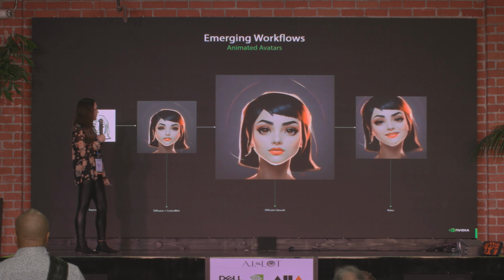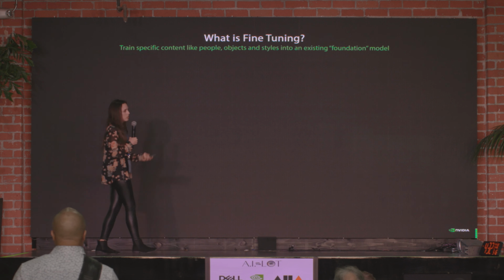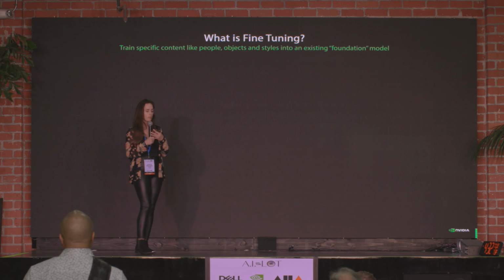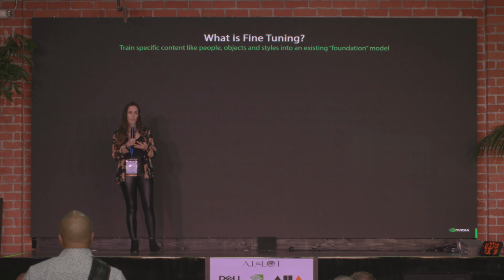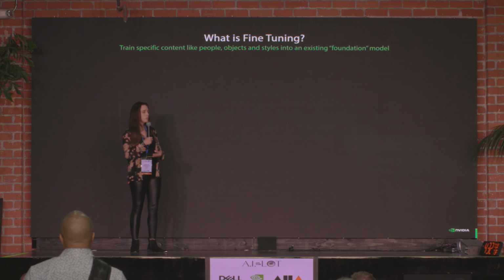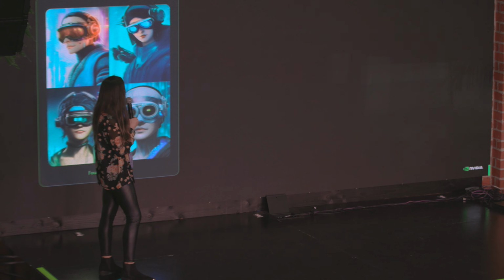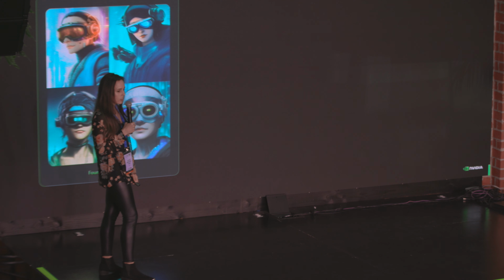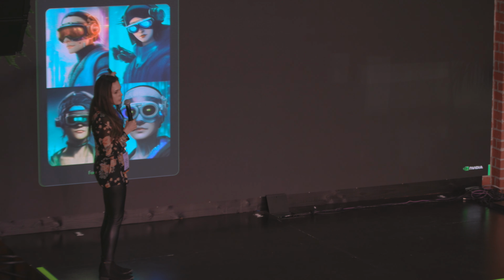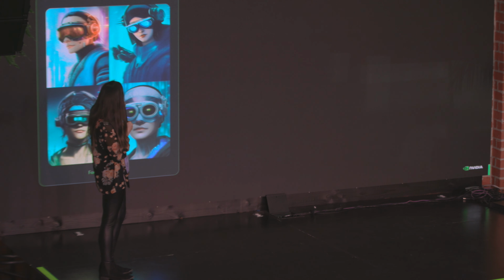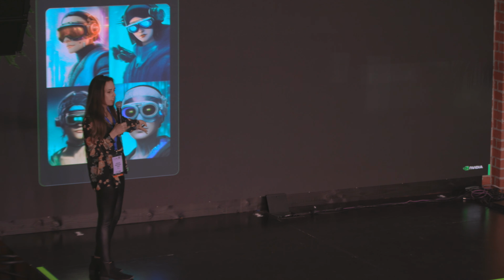And so the next thing that we haven't talked about yet with diffusion and generative AI is the ability to fine-tune. That's basically taking a model and adding new data into it. So let's take this as an example. I have a model that can generate anything, and I've asked it to generate for me a sci-fi lady with goggles. This is a very generic sci-fi lady. I guess you could say it sort of looks like me.